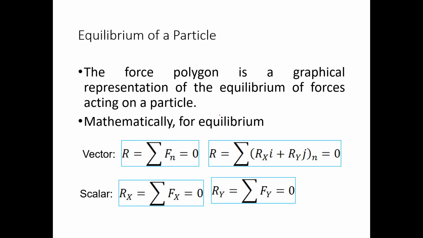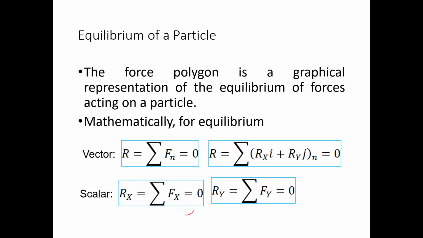Okay, so since we are going to use equilibrium in the problems that we're going to solve later, we still have to use the summation of forces x equals 0.